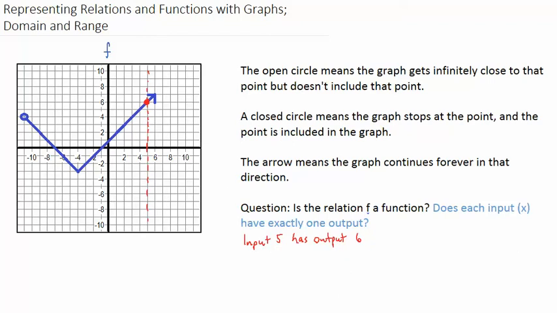So we start scanning the inputs, keeping in mind that this graph goes forever up and to the right. Scan all the x values and see if any of them have more than one output. So for example, over here, the input of -3, x is -3 anywhere along this vertical line. This input has one output of -2.